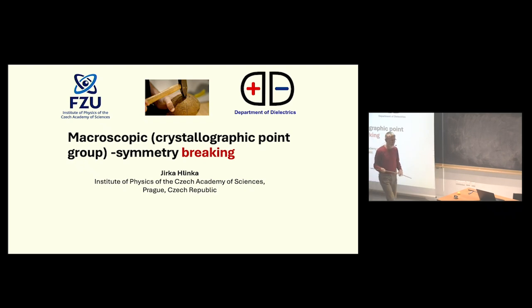So the spontaneous one, some people say, is breaking the Curie principle. I was reading the Curie paper. Maybe some of you who read it in the French original would say that it's not so obvious what is meant in that paper.